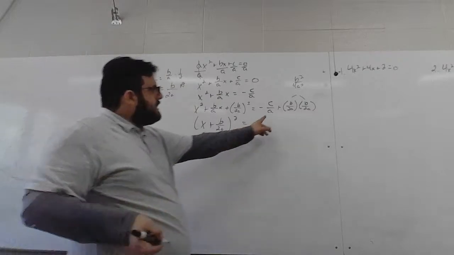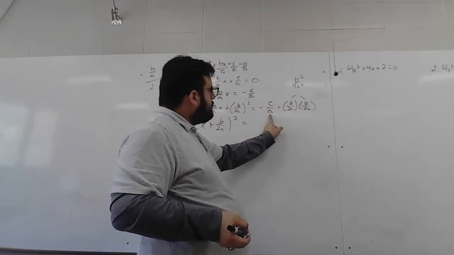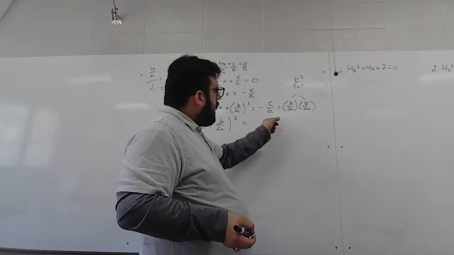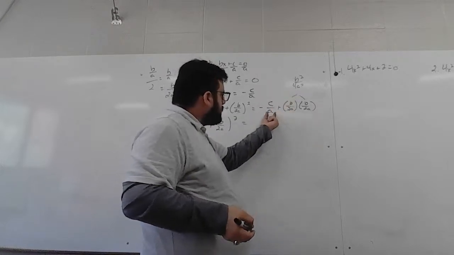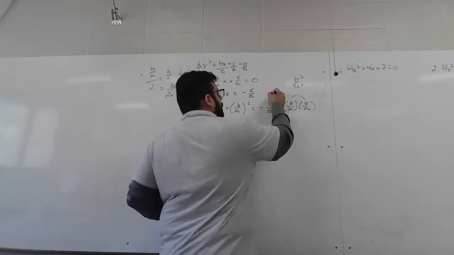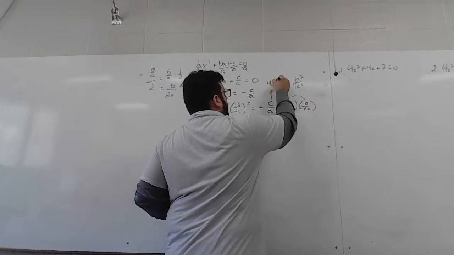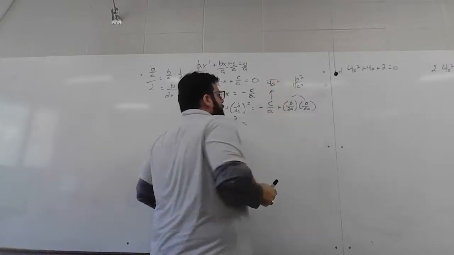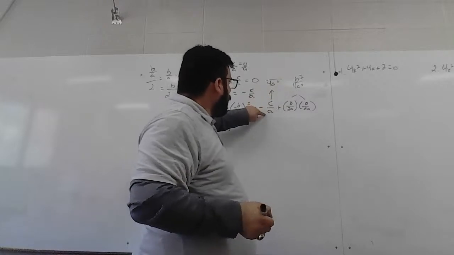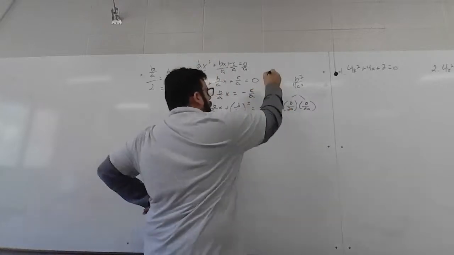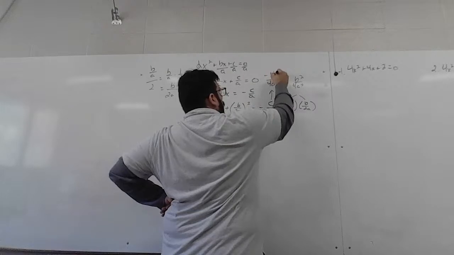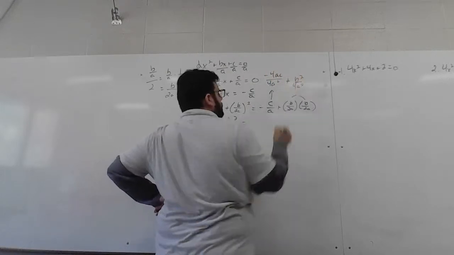And I want to give this right here a common denominator. So to get to 4a squared, I multiply the denominator by 4a, all right? If I multiply the denominator by 4a, I also need to multiply the numerator by 4a. So 4ac. And remember, that's still negative.